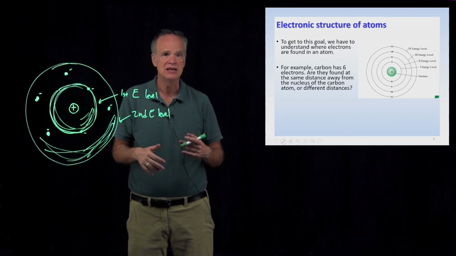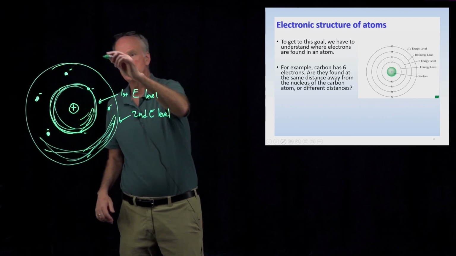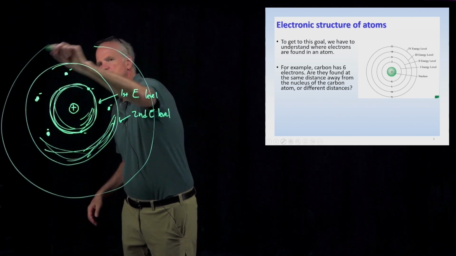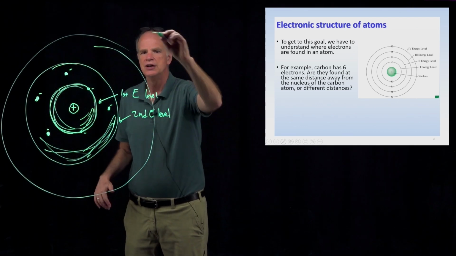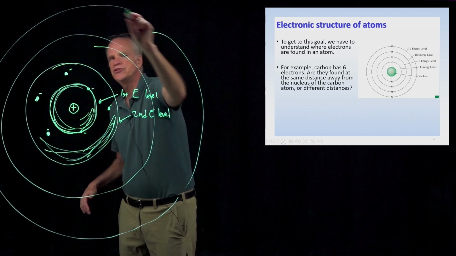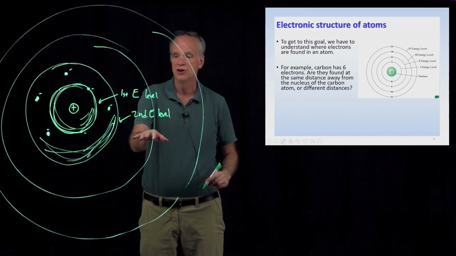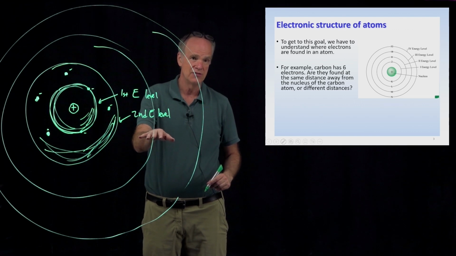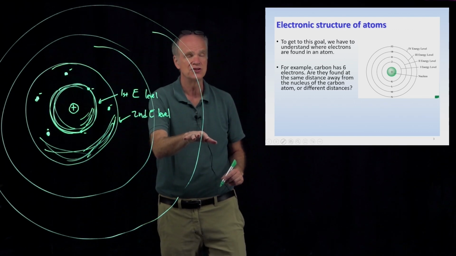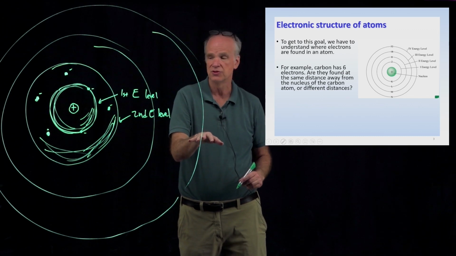Now, there's actually even greater energy levels than that in carbon. There's a 3rd energy level, which is an even larger sphere, and a 4th energy level, which is even a larger sphere. And so one of the things you'll have to learn is that the 3rd energy level can accept up to 18 electrons, and the 4th energy level can accept up to 32 electrons.